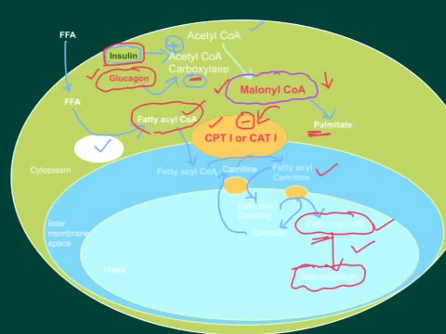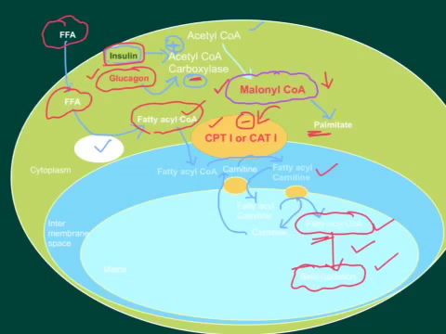And also, as you might be knowing, glucagon will have a lipolysis effect on adipose tissue, and it will bring free fatty acids from adipose tissue. So free fatty acids flood into cytoplasm, and those free fatty acids are transported into the mitochondrial matrix through carnitine shuttle mechanism, and ultimately they will undergo beta oxidation.